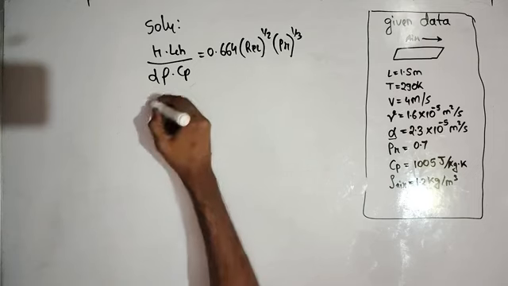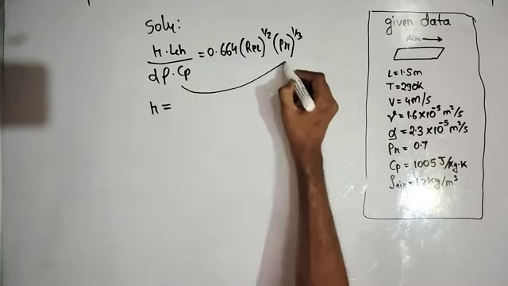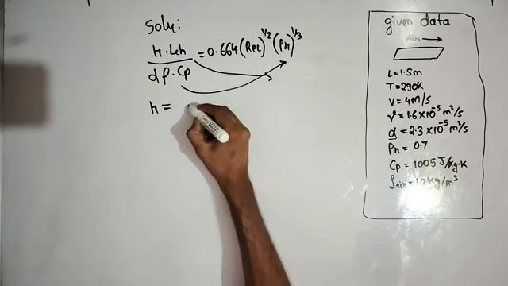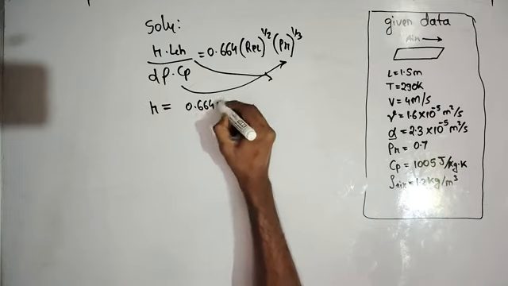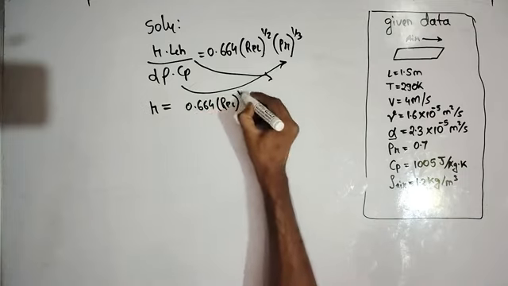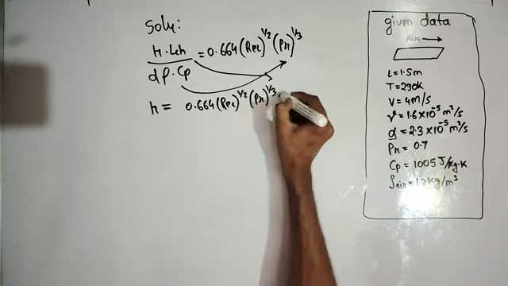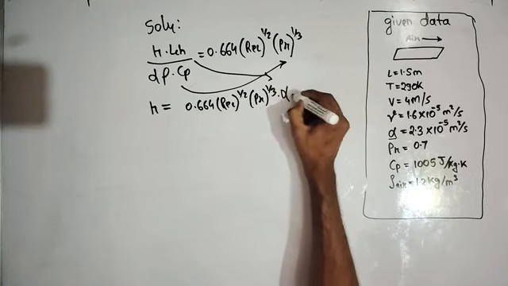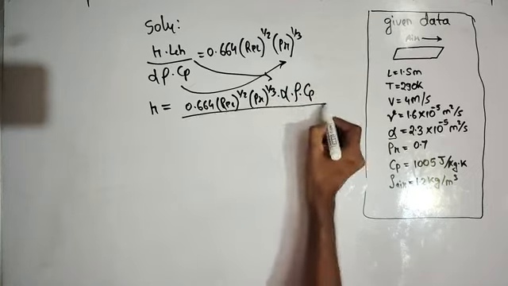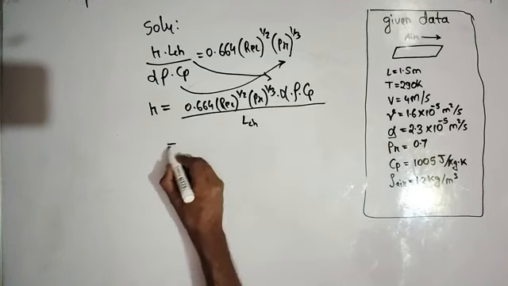Now from this relation, H is here, we will shift this here and length is shifted downwards. So H equals 0.664 Reynolds number to the power 1 by 2 Prandtl number to the power 1 by 3 into thermal diffusivity into density into heat capacity upon length L_CH.